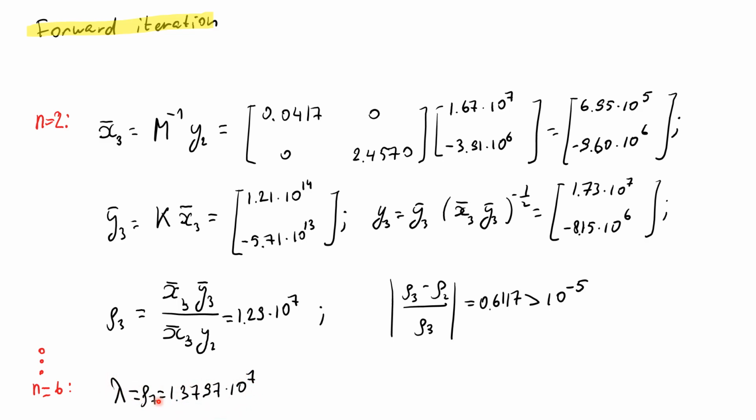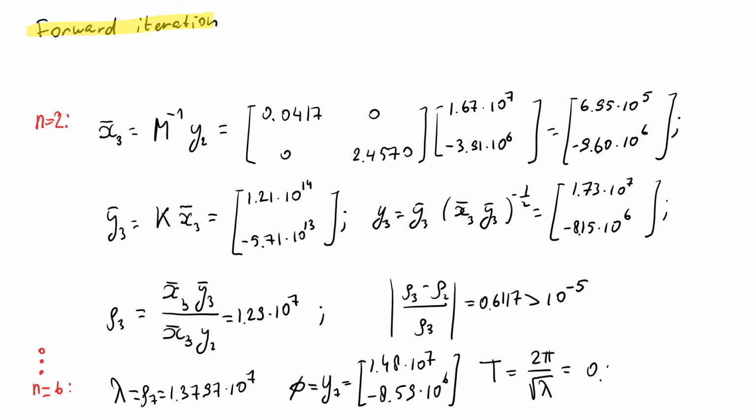So this eigenvalue is the largest eigenvalue because we use here the forward iteration scheme, and the corresponding eigenvector will be y7, and we again can find the period by the following expression, 2 pi over square root of lambda. So it will be 0.0017, and the same value which was given in the previous exercise on central difference scheme.